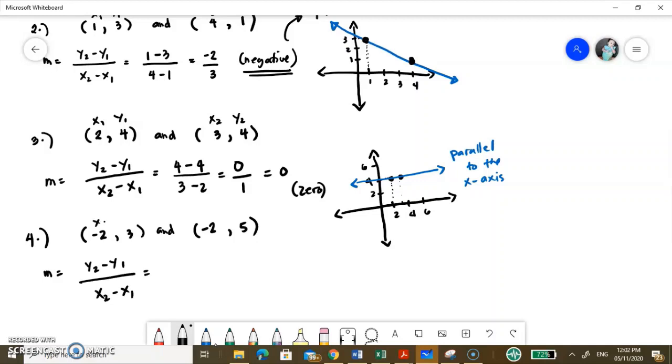So, ito yung x sub 1 mo, y sub 1, x sub 2, y sub 2. Substitute lang natin. That's 5 minus 3, right? Over negative 2 minus negative 2. So, that would be negative 2 plus 2. So, that would be 2 over 0. So, your slope here would be undefined.